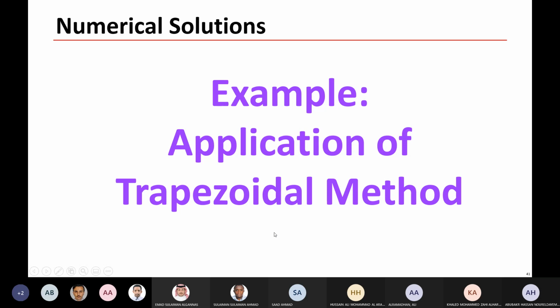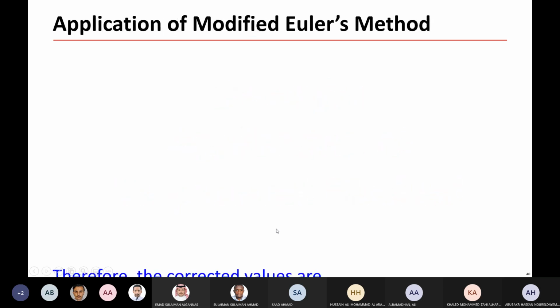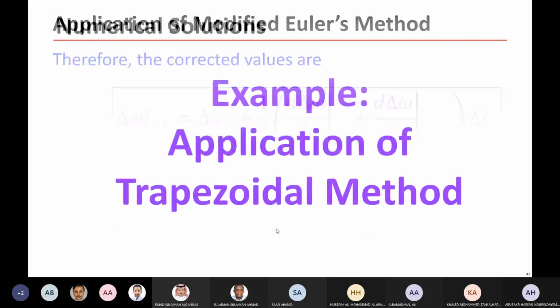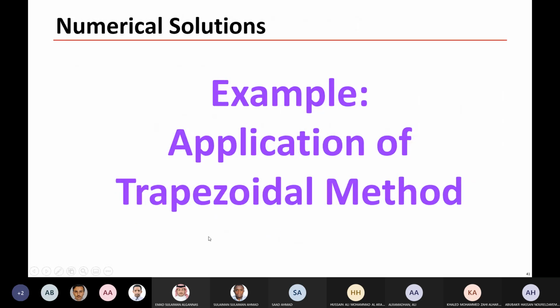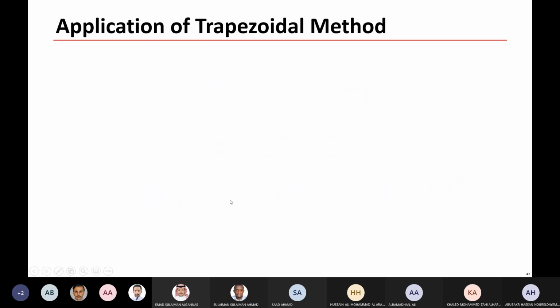We stopped here at how to implement the trapezoidal method, and we already covered the modified Euler method. Trapezoidal method for the swing equation, to solve the swing equation.